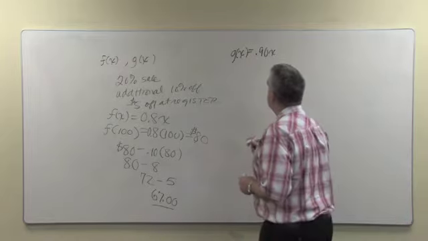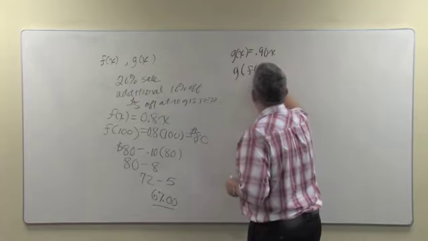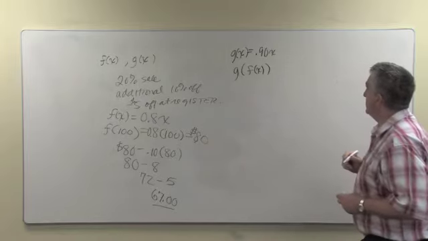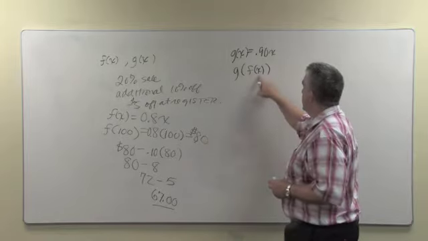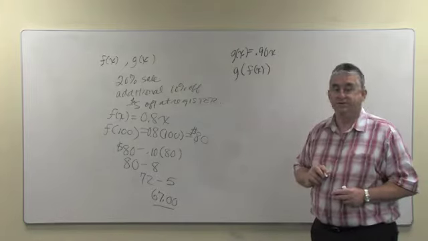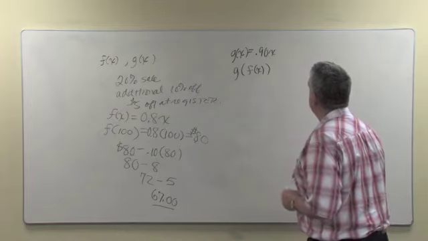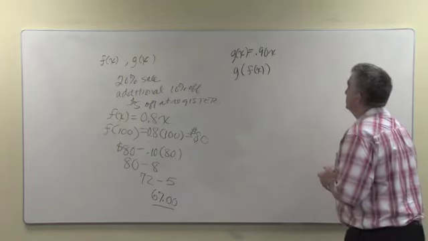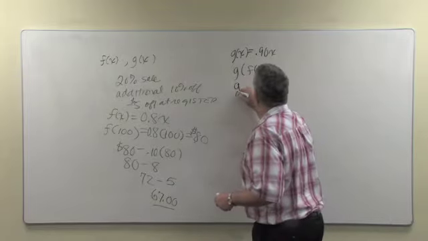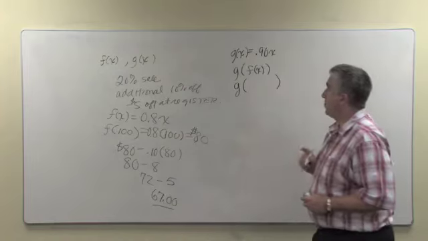So we can combine the g function with the f function in such a manner so that we look at the composition of g with f of x. So what does that mean, g of f of x? It says the g function is going to be evaluated at the f of x function.